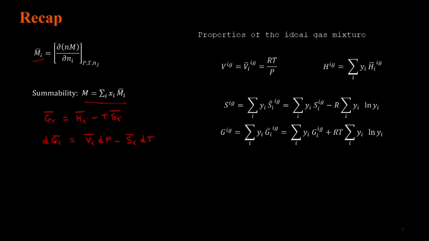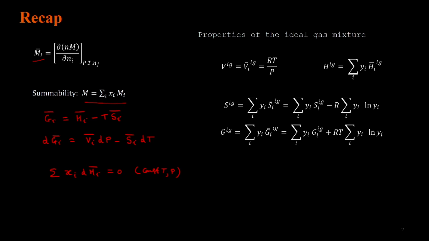In addition to these relationships amongst the partial molar properties, we also had interdependency via the Gibbs-Duhem equation, which reads summation of Xi dMi bar is 0 at constant temperature and pressure. So in that sense, in a binary mixture, M1 bar and M2 bar are going to be related to one another.